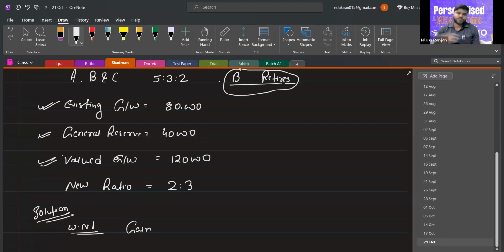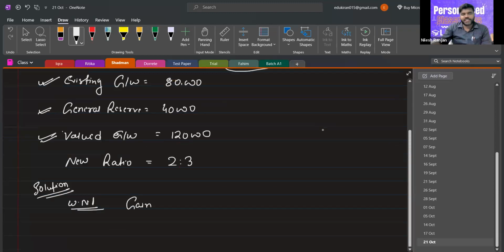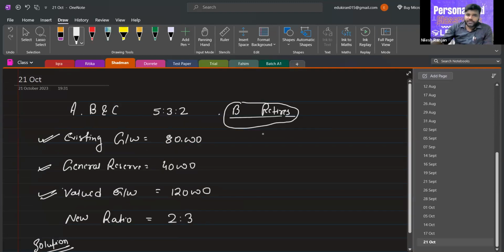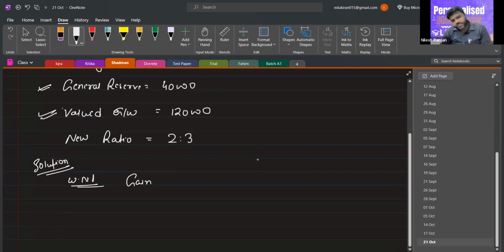Those who are getting a share in B's profit share are gaining partners. So we assume that everyone is getting something, and we find gain for everyone. If the answer is negative, then it is sacrifice. You can calculate sacrifice also, but if you get a negative result, then it becomes gain. So we can find sacrifice or gain, but we have to see the result to decide whether it is gain or sacrifice.